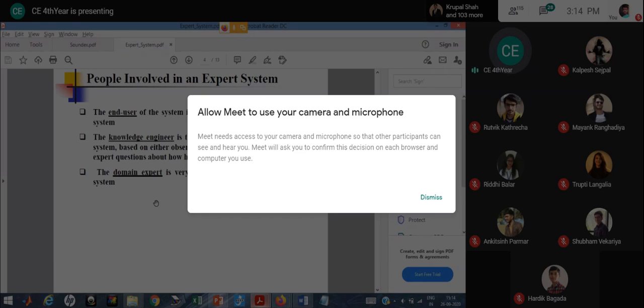In the case of a medical diagnosis system, the expert needs to be able to explain to the knowledge engineer how he or she goes about diagnosing an illness. So these are the people, end user, knowledge engineer and domain expert, involved in an expert system.